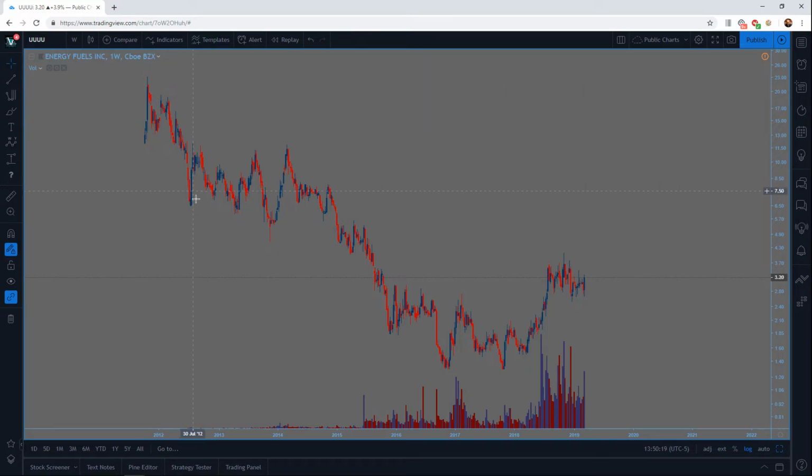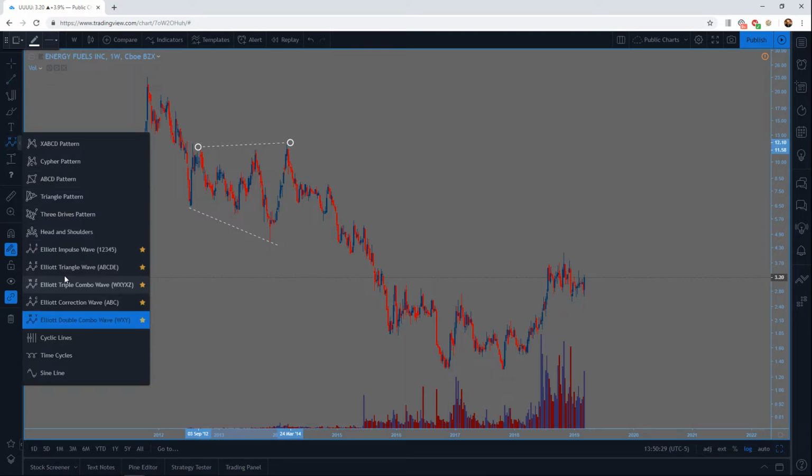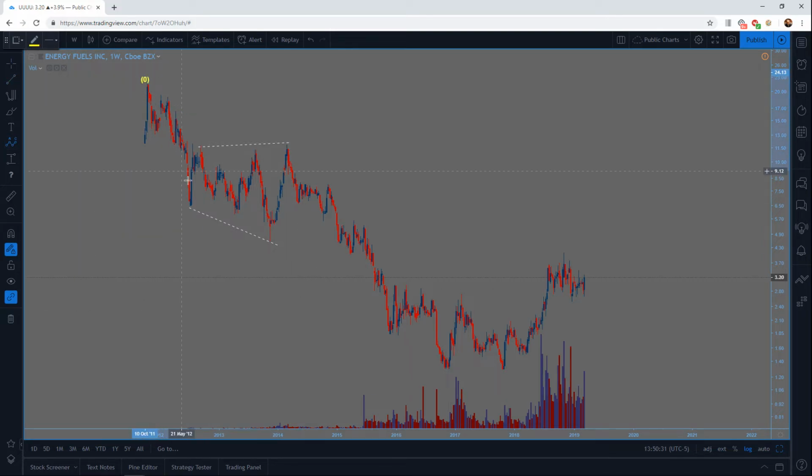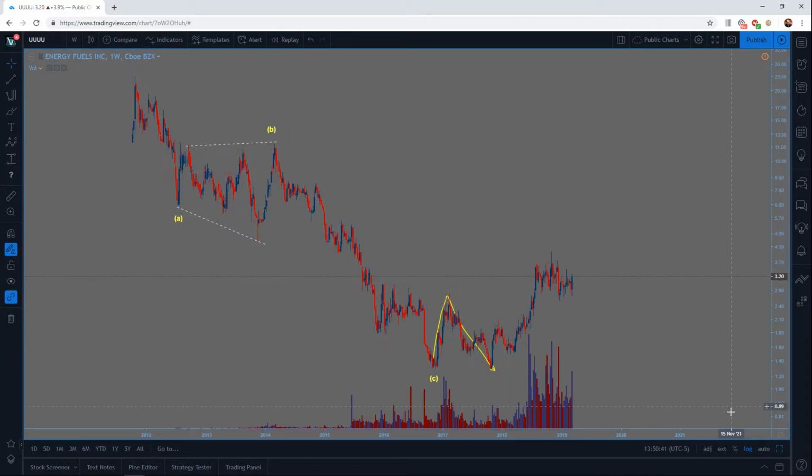We have some kind of A wave move down, a B here, and then a C completing. And then we have this basing pattern right here. So out of that, we expect an impulse.